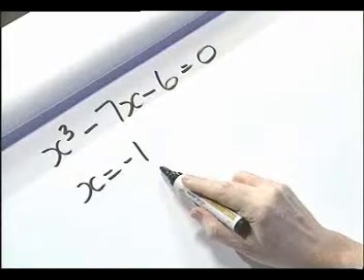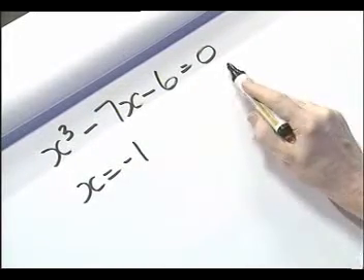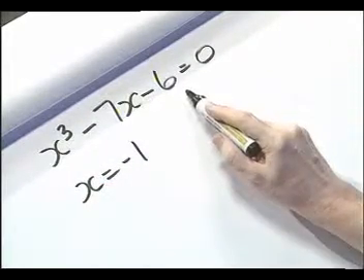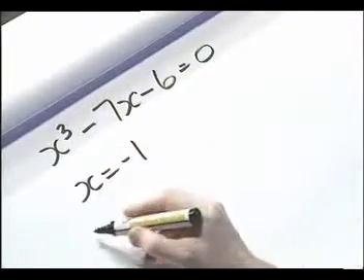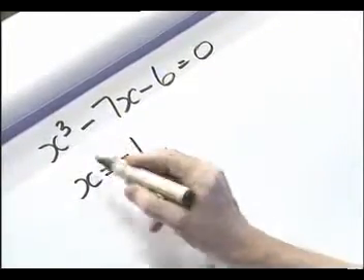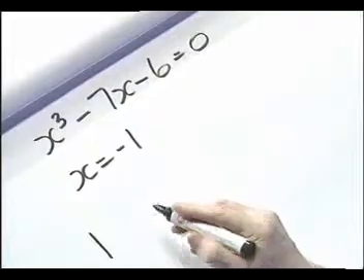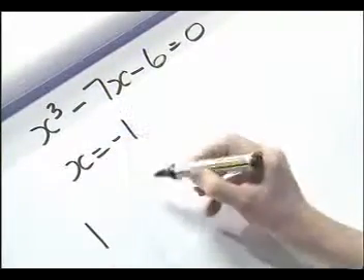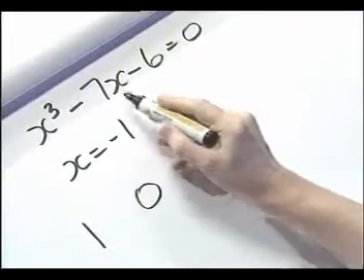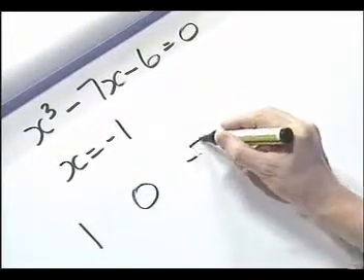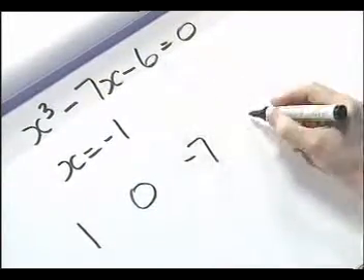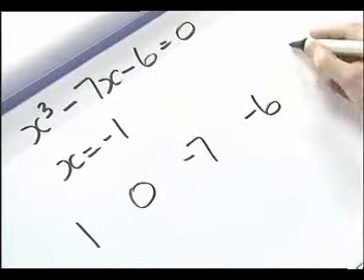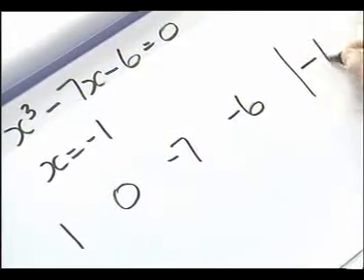If minus 1 is a root, we can synthetically divide through this expression by minus 1. Coefficient of x cubed is 1. The coefficient of x squared is 0. There's no term in x squared. The coefficient of x is minus 7, and the constant is minus 6. And we're synthetically dividing by minus 1.